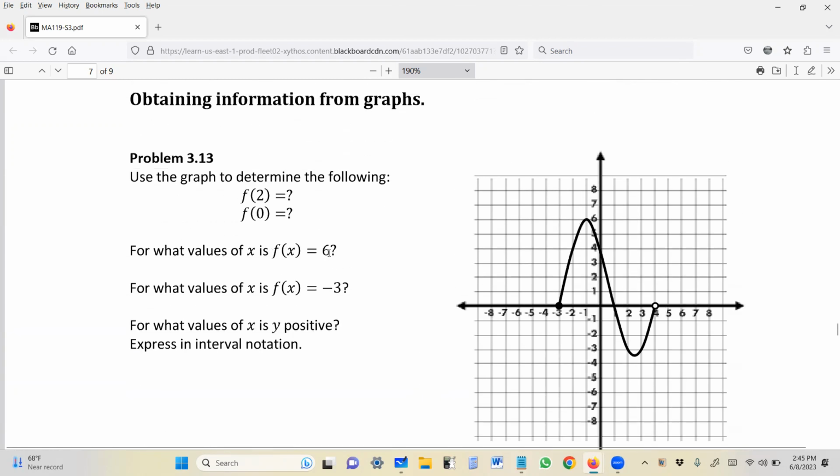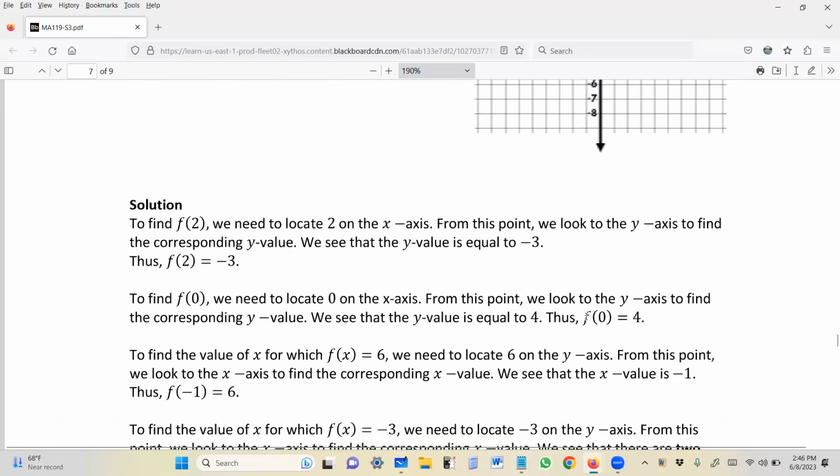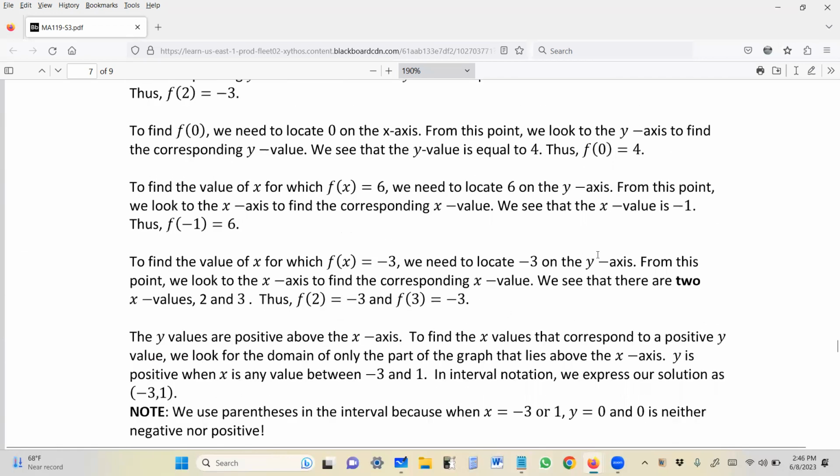When you do the reverse, you need to find the x value where the y coordinate is 6. So you go to where y is 6 on the graph, which is up here. And then you get the x coordinate, which is -1. Okay?